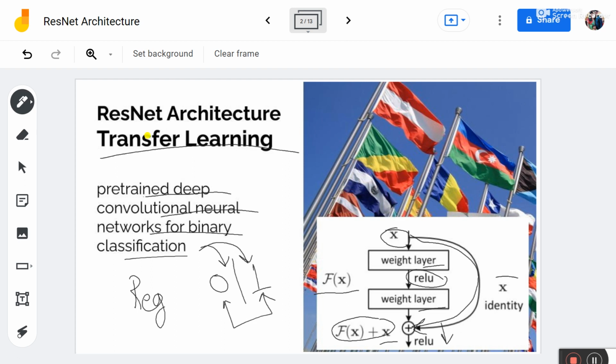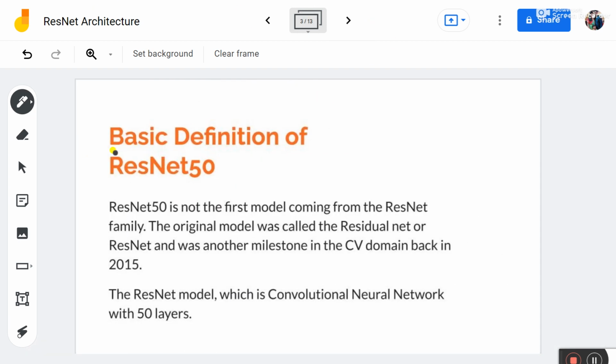So X is the identity, and this input value jumps ahead, because once we increase the number of layers, it's not certain that we get the best result or optimal output.